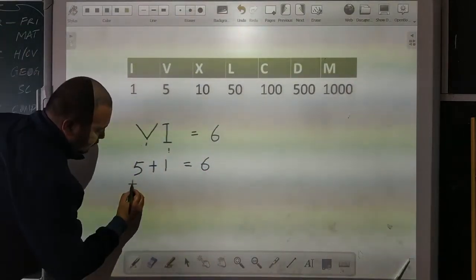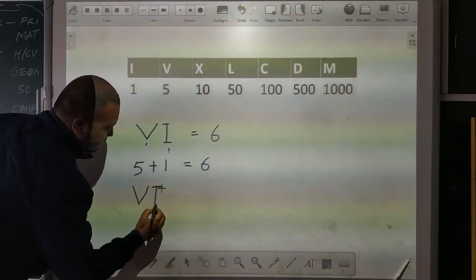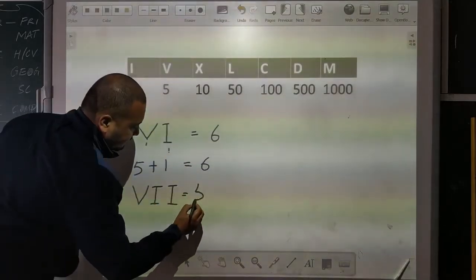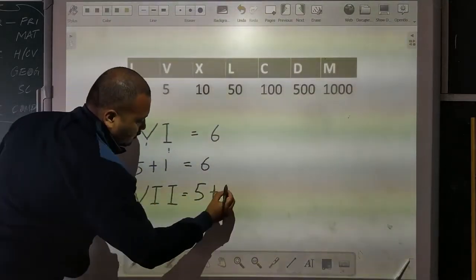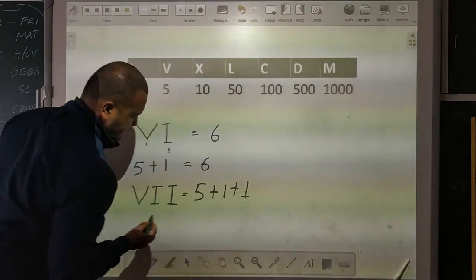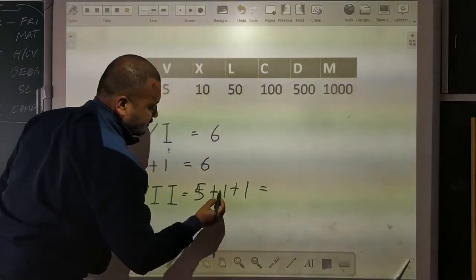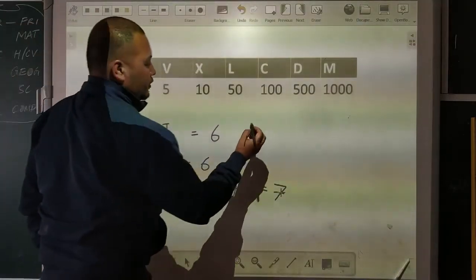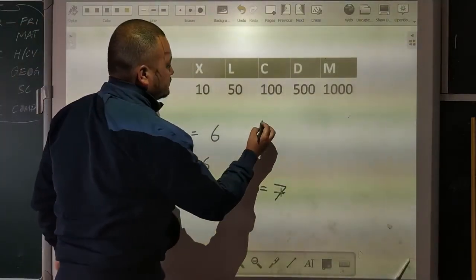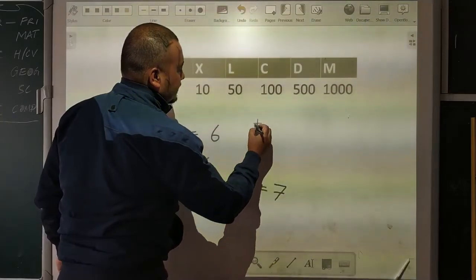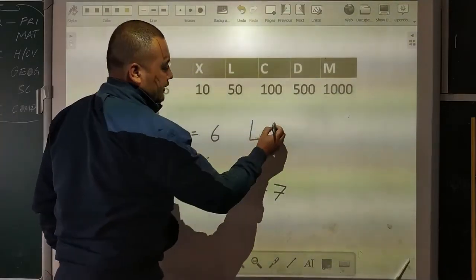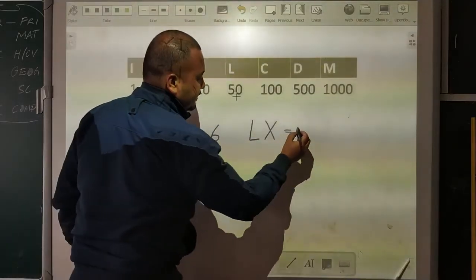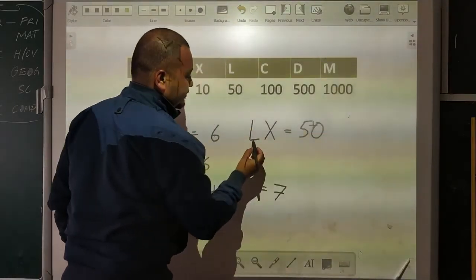In the same way, VII becomes 5 plus 1 plus 1, which is 5 plus 1 is 6, plus 1 is 7. Suppose we have L and then X. The value of L is 50 and it is bigger.